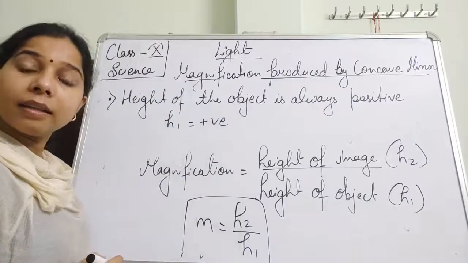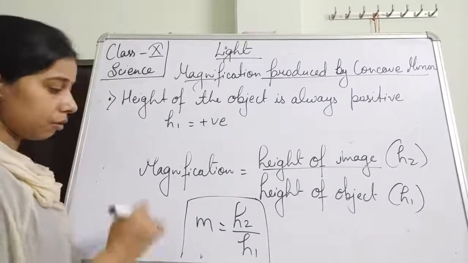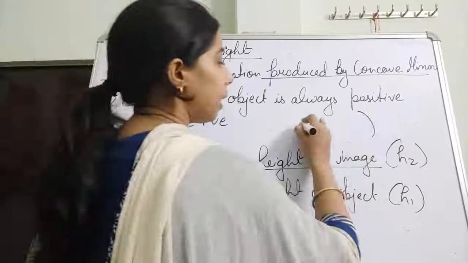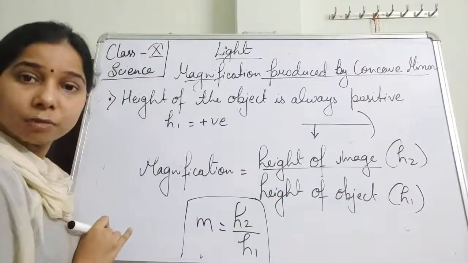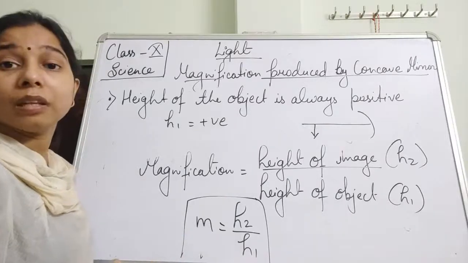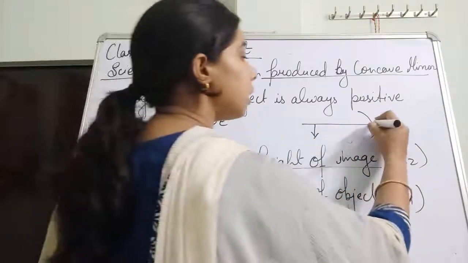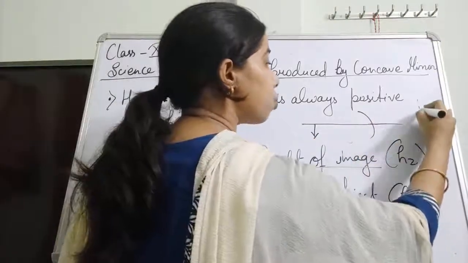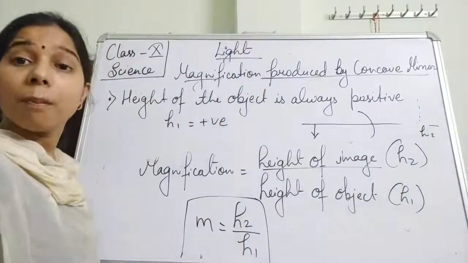But in the concave mirror, students, the height of the image can vary. Many times the image is formed in the downward direction, especially in real and inverted images, and at that time the height of the image, H2, can be negative. And when we take a virtual image, at that time the same H2 is taken as positive.